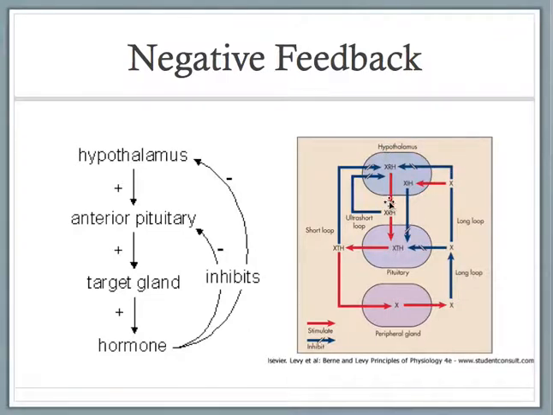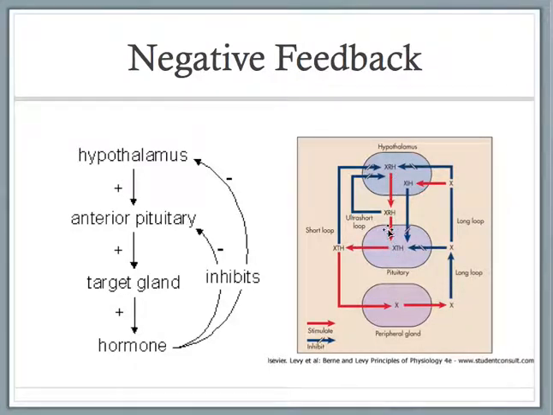So this is the same thing with a little bit more detail. So here's the hypothalamus. And I said that the hypothalamus makes these releasing hormones that bind to cells in the pituitary. So here you have XRH, which just means releasing hormone X. It doesn't have a name, it's just an example right now. So releasing hormone X is made by the hypothalamus.